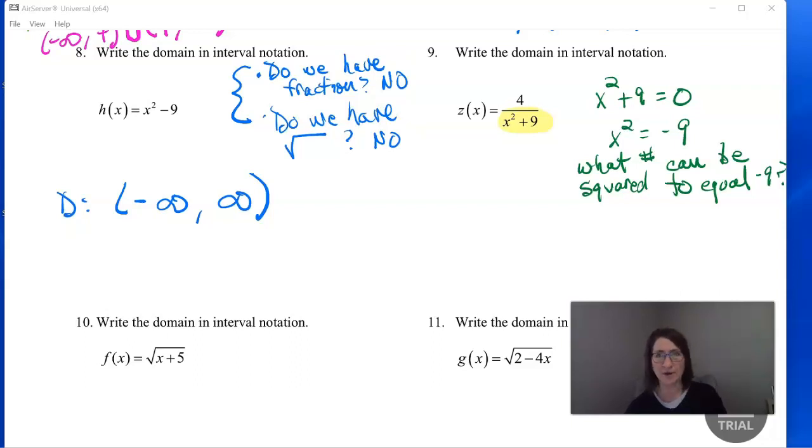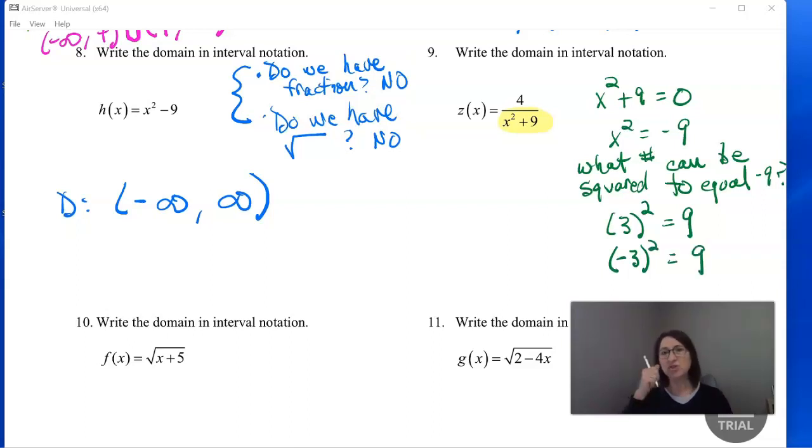There is no number that you can raise to the second power that's going to give you a negative. If I try and take 3 and raise it to the second power, I get a positive 9. If I take negative 3, raise it to the second power, I'm still going to get a positive 9. There's no way I can take the same number, multiply it times itself to get a negative.